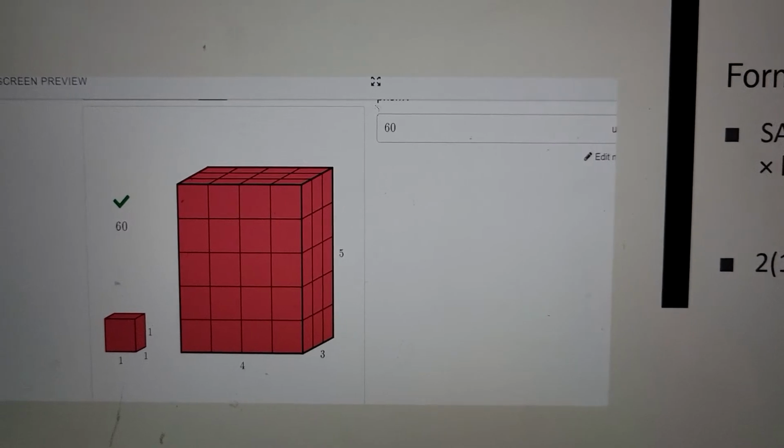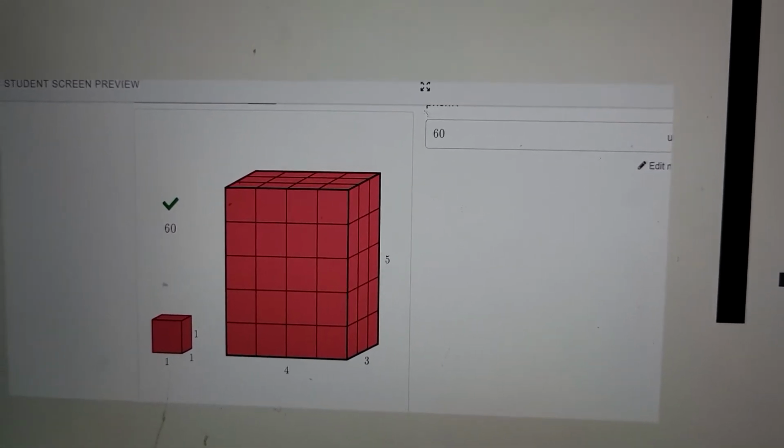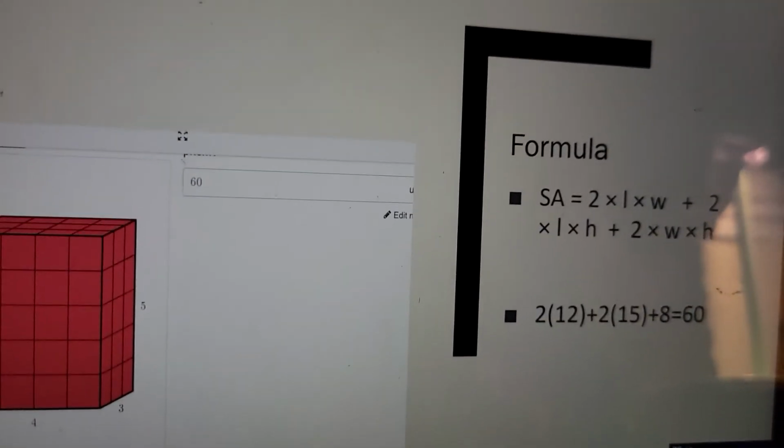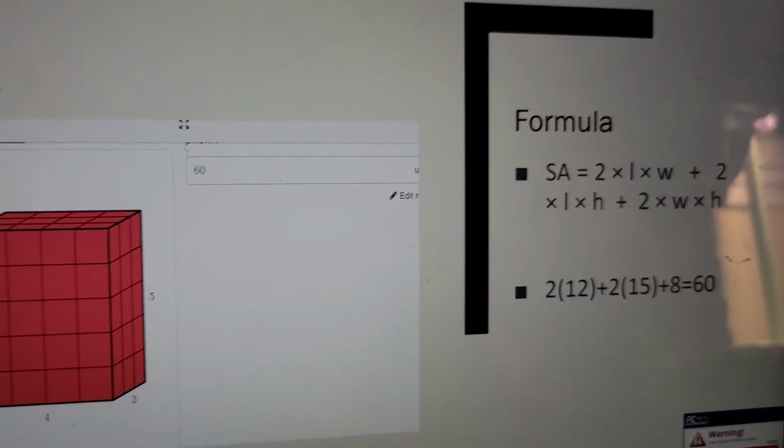So over here we have a rectangular prism, and it asks how to find the surface area of it.